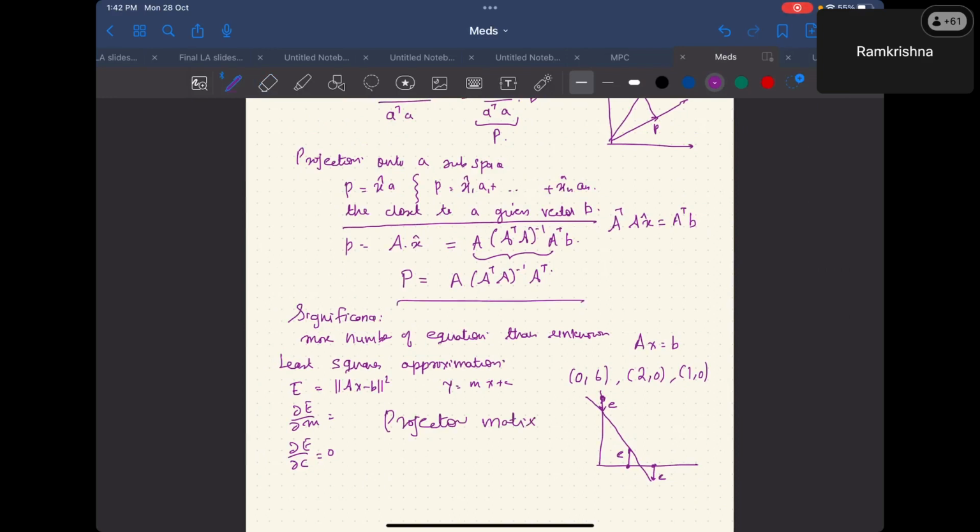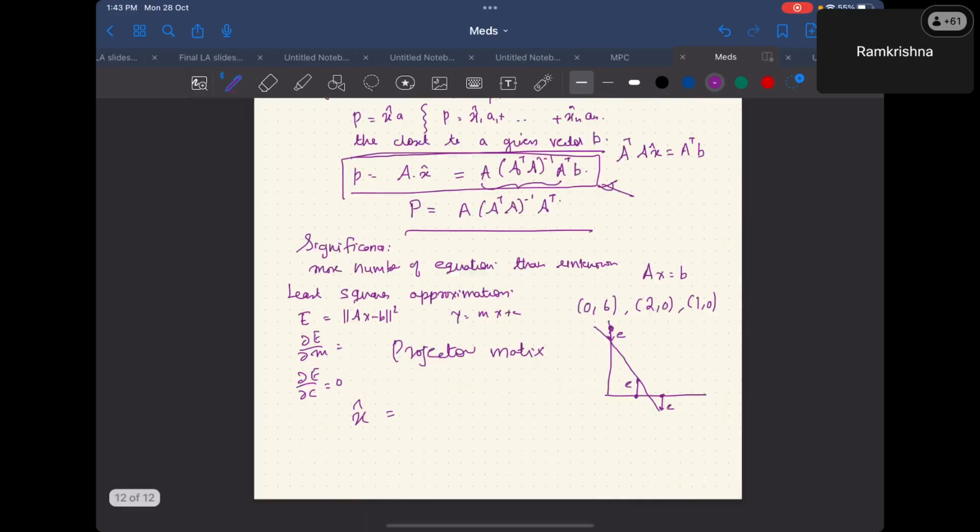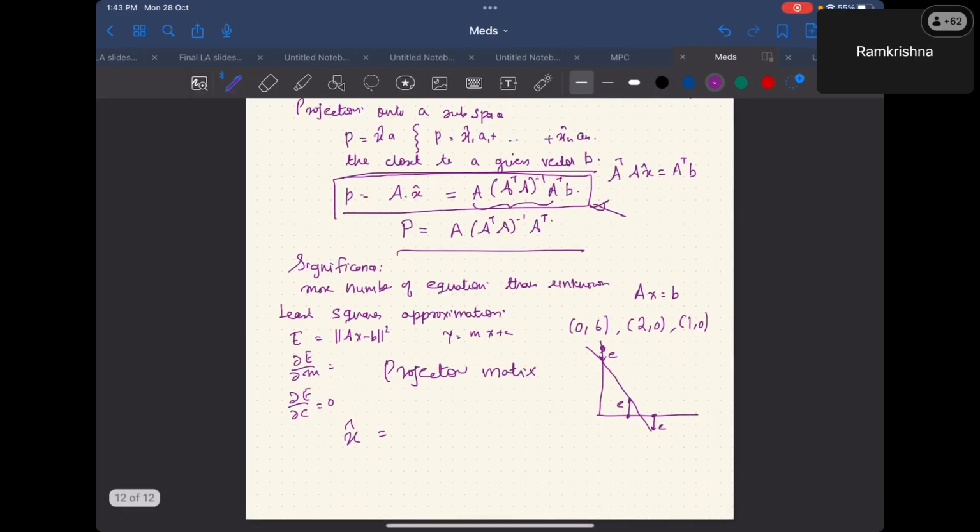So my solution x hat was obtained by looking at this projection vector given b and A. Okay, now so far so fine. We knew how to handle this. We also did a little example which we could work out by hand, and also found that I can actually fit a parabola which possibly goes through these 3 points. Of course, that was not our interest. Our interest was just to fit a straight line.